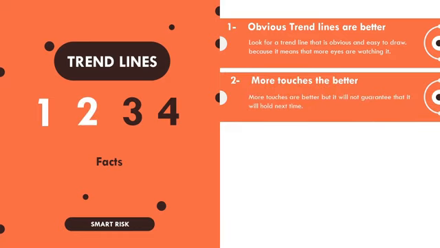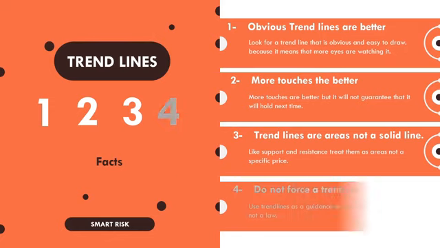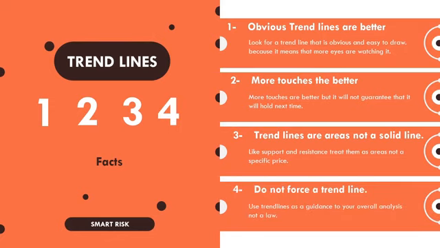More touches are better, but it will not guarantee that it will hold next time. Third, trend lines are areas, not solid lines. Like support and resistance, treat them as areas, not a specific price. Fourth, do not force a trend line. Use trend lines as guidance to your overall analysis, not a law.